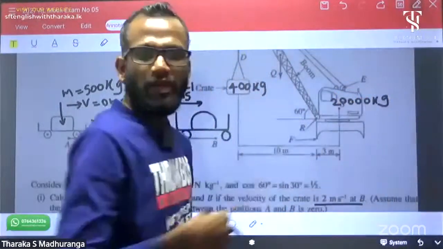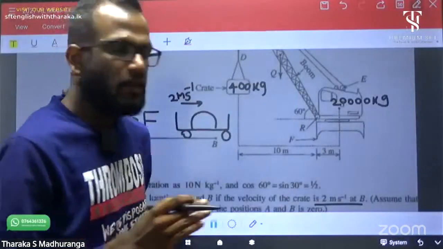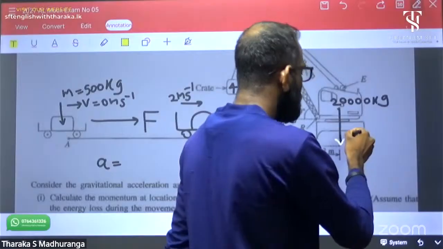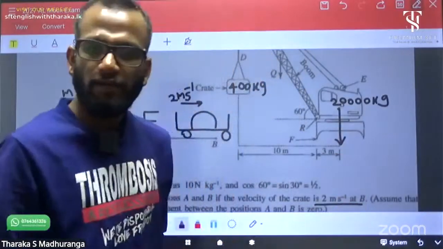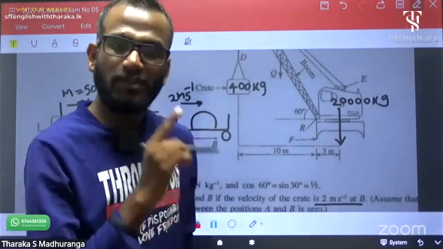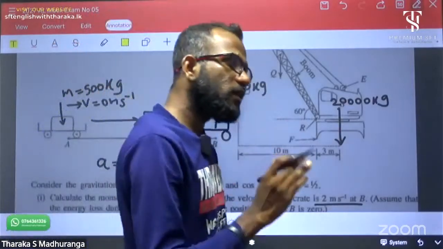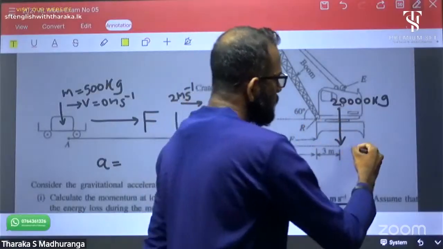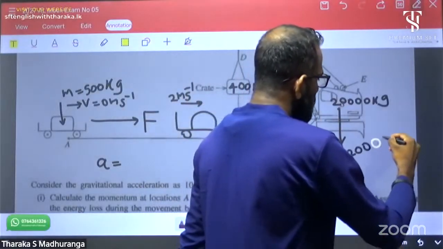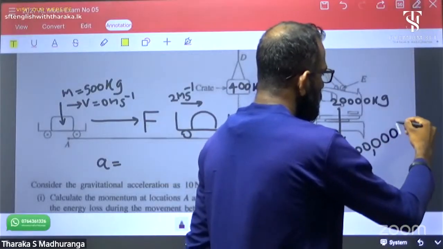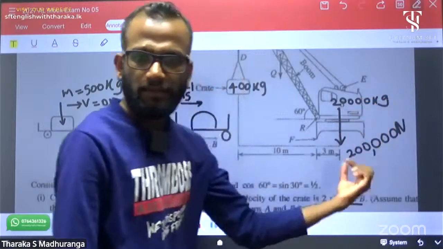Then what is the weight? S is the weight acting point. I think you can remember weight equals mg, mass into gravitational acceleration. It is 200,000 Newton. That's the weight of the crane.